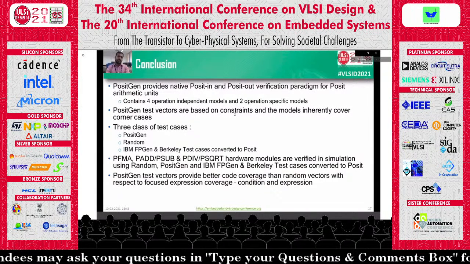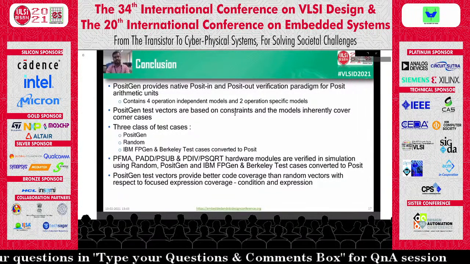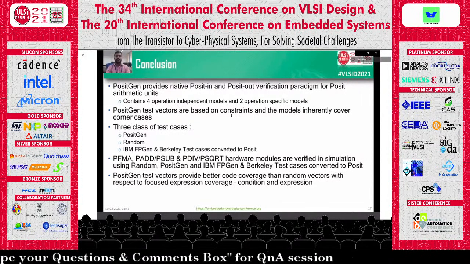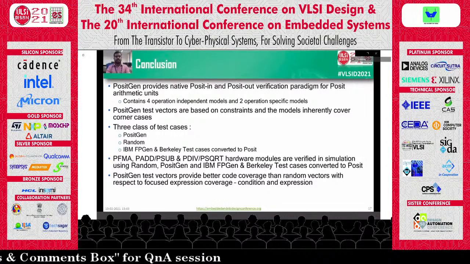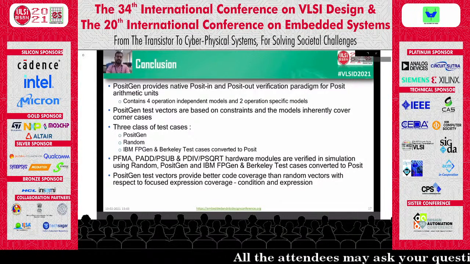POSIT fused multiply accumulate, POSIT division square root and POSIT addition subtraction modules are verified and validated in simulation using the above mentioned test cases, and code coverage analysis was performed with these test vectors. POSIT-gen based test vectors provide better coverage in FEC condition and FEC expression in comparison with the random test cases.